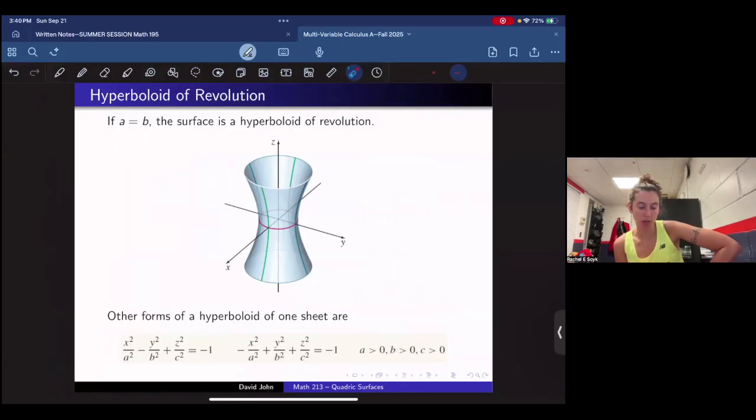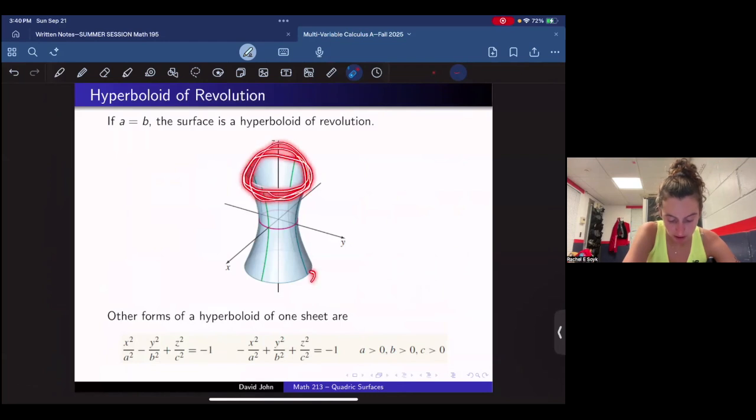And so this tells us that we're dealing with a circle up here, but all of these hyperbolas have that same distance.